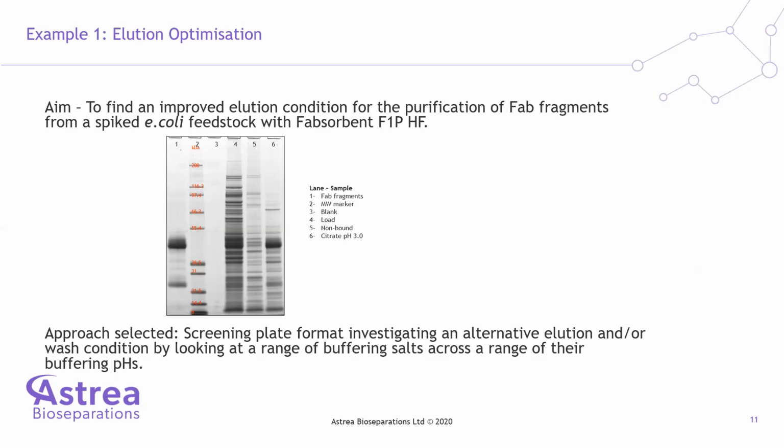Here we're eluting with citrate at pH 3. As we were happy with the rest of the conditions that surrounded this column run, we decided to select a screening plate format to investigate an alternative elution or the addition of a wash condition by looking at a range of different buffering salts across their buffering pHs.